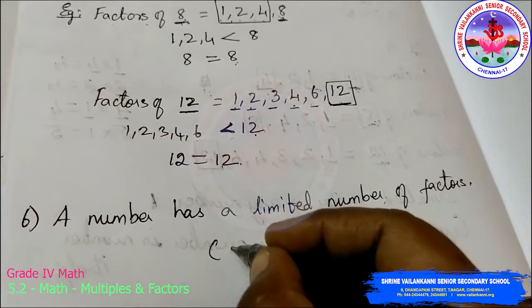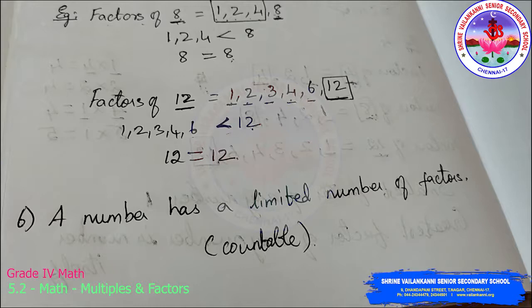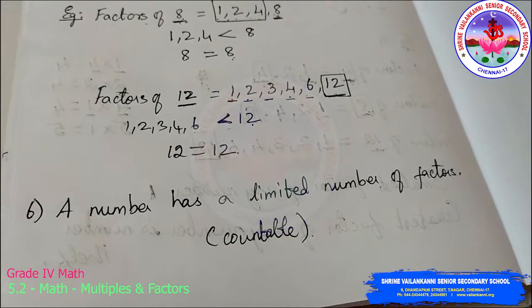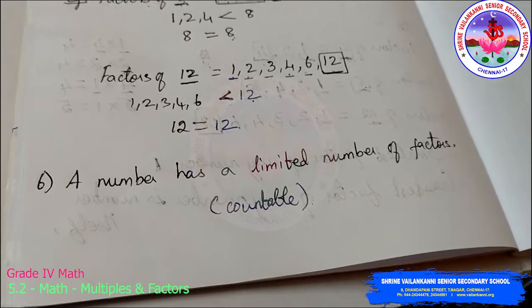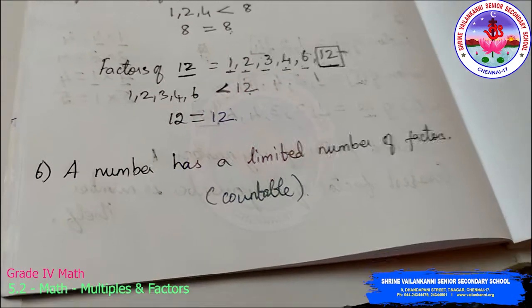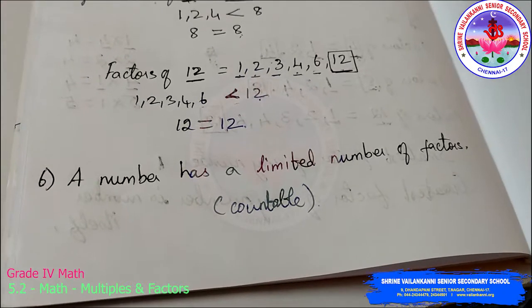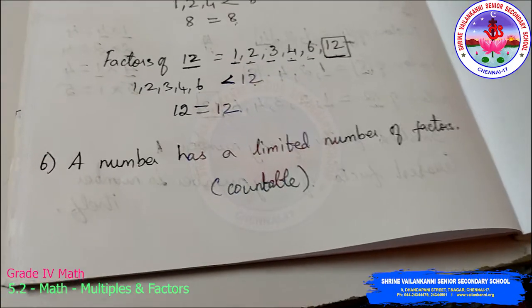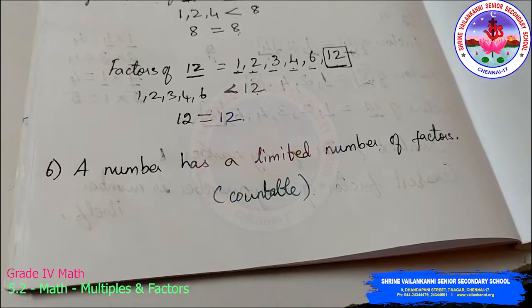When I taught you multiples, the multiples of any number are uncountable. But the factors of any number are countable. We can count how many factors there are for that particular number.